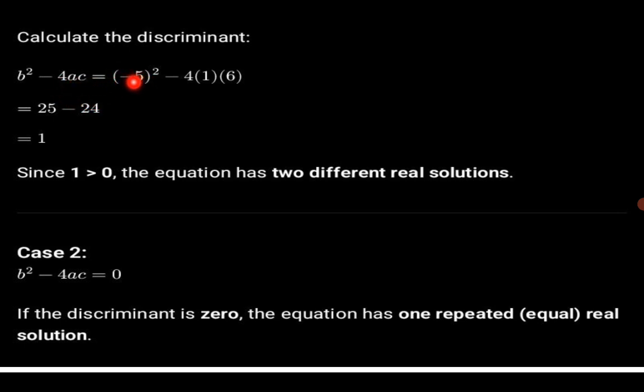B is minus 5, so we have minus 5 squared minus 4 times 1 times 6. Simplifying, this will give us 25, and this will give us 24. So 25 minus 24 is 1. Since 1 is greater than 0, that means the equation has two different real solutions.